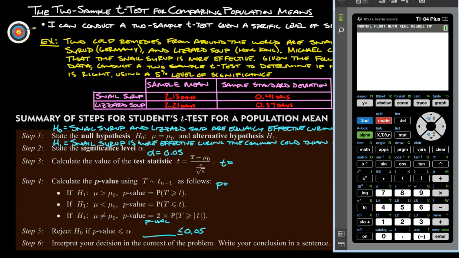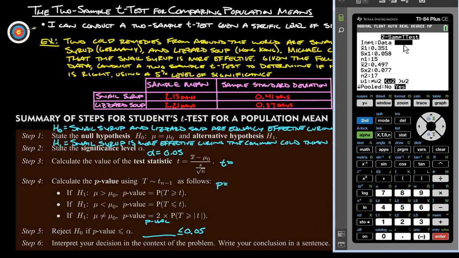So really what we need to do is put this into the graphing calculator and make it make sense. We're going to do statistics, and we're going to perform a two-sample t-test. Go over to the tests, and there it is, fourth one down, two-sample t-test. Sometimes they'll give you all the raw data, sometimes they'll give you the statistics.